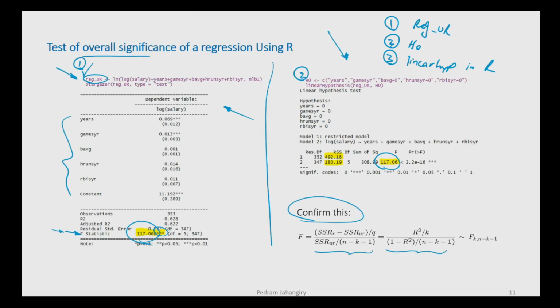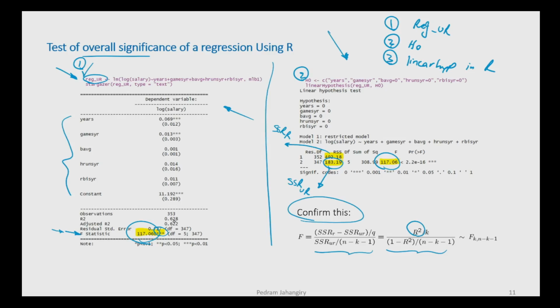So you have everything. You have SSR, the sum of squared residuals of the restricted model. For the restricted model, it's going to be 492. What is SSR for the unrestricted model? And what is R squared?